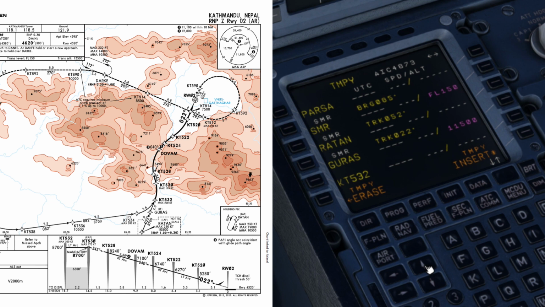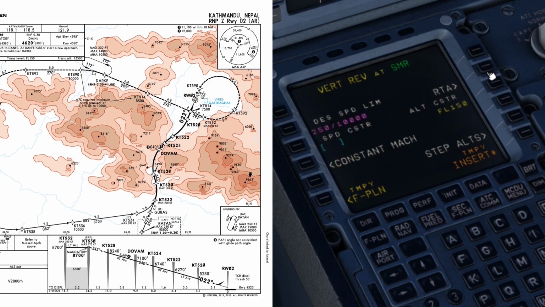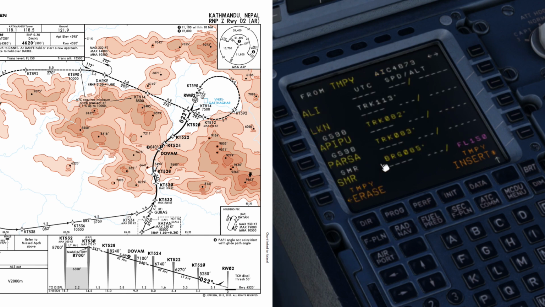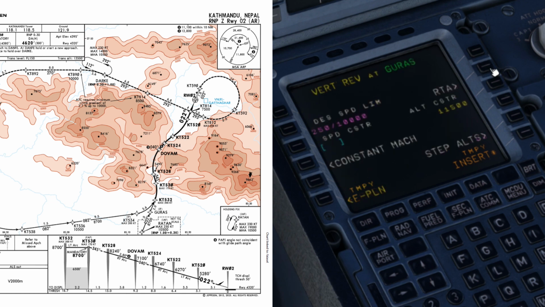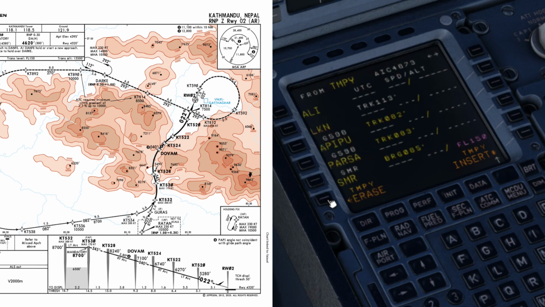Let's cross-check any altitude and speed restrictions. So at SMR we should be exactly at flight level 150. Okay, it's good. Next restriction at Goras, we should be exactly at 1,500 feet.